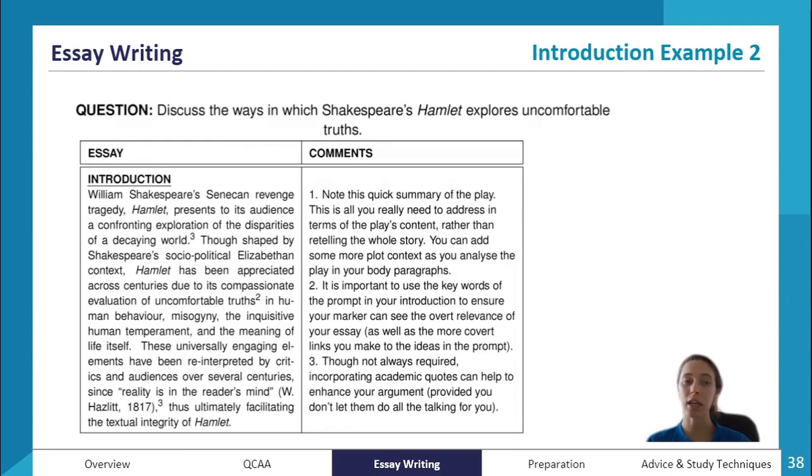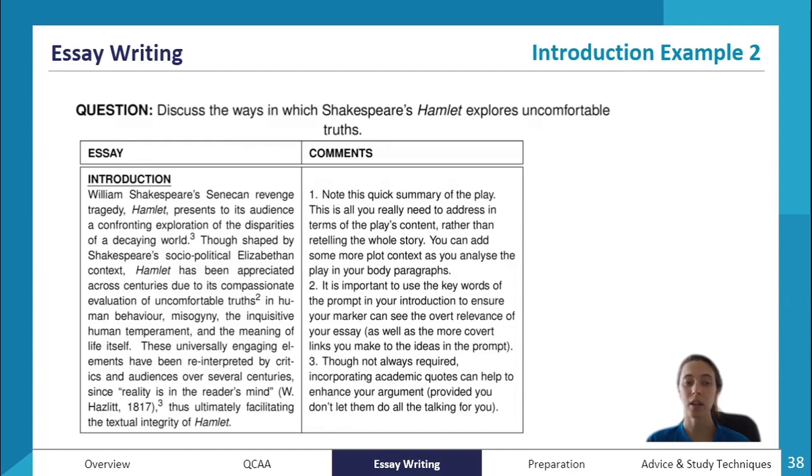Immediately, we've got this idea of William Shakespeare's revenge tragedy, Hamlet. So we've already established who the author is and what the text is that we're talking about. And this is then where we go into some kind of relevant commentary about the play.